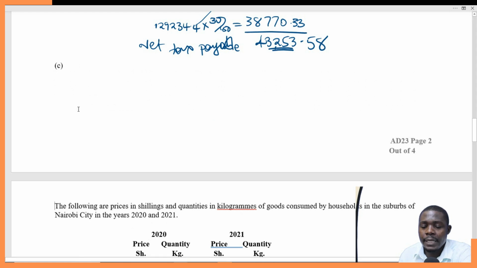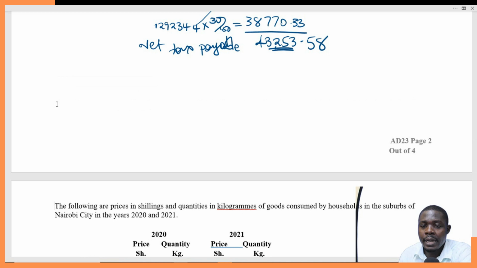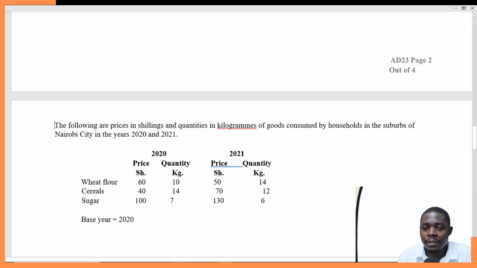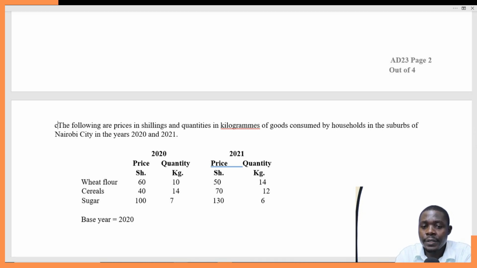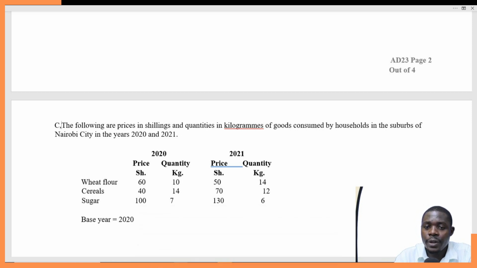Let's look at part C. It is asking: the following are prices in shillings and quantities in kilograms for goods consumed by households in the suburb of Nairobi City in the year 2021.